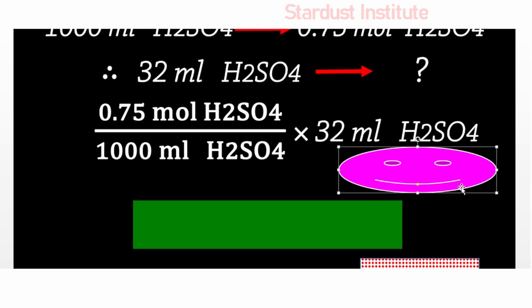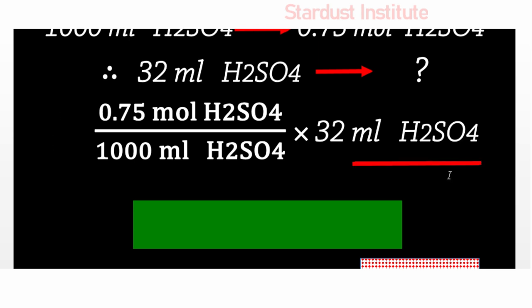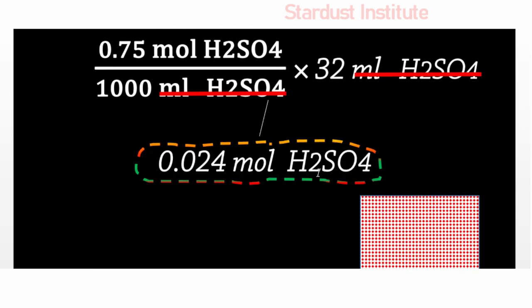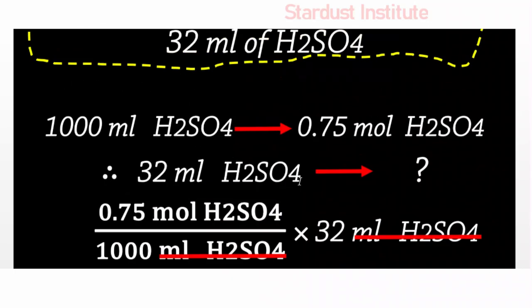We should cancel out units. Milliliter H2SO4, milliliter H2SO4, then we get 0.024 moles of H2SO4.